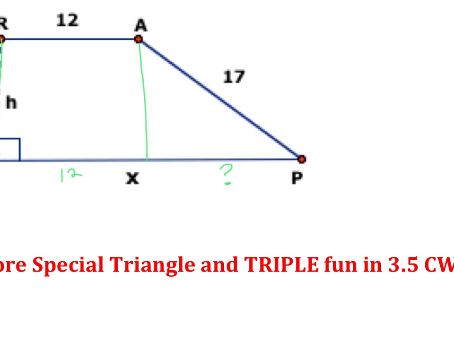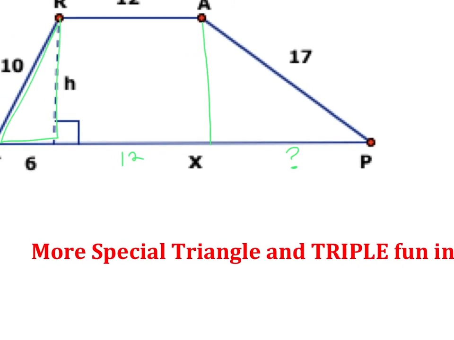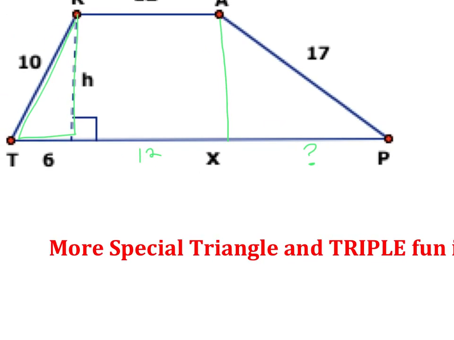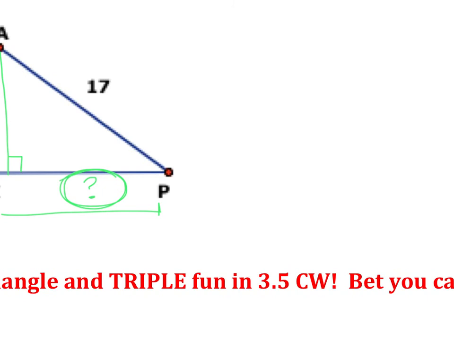I should mention that this entire side length, from 6 on to the right to p, is going to be x. So when you find x, it's going to equal 12 right here plus whatever length you get for this leg of this right triangle. So pause the video, find h, find x, check against my answer.